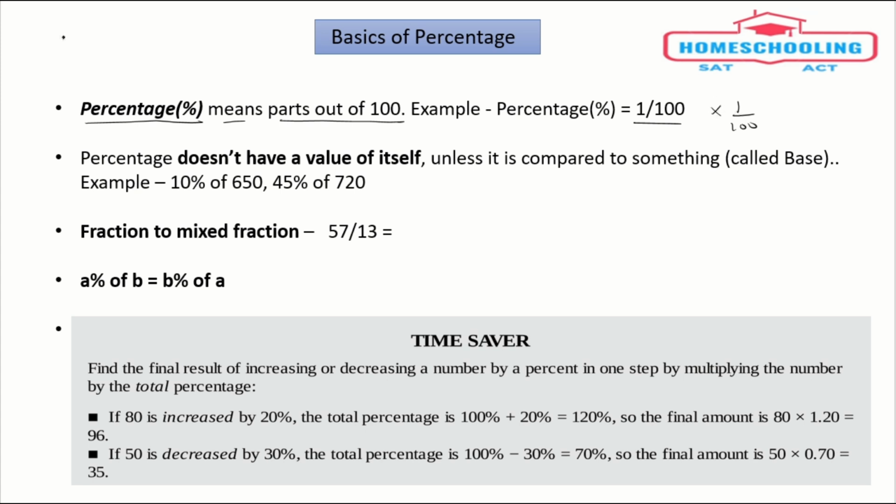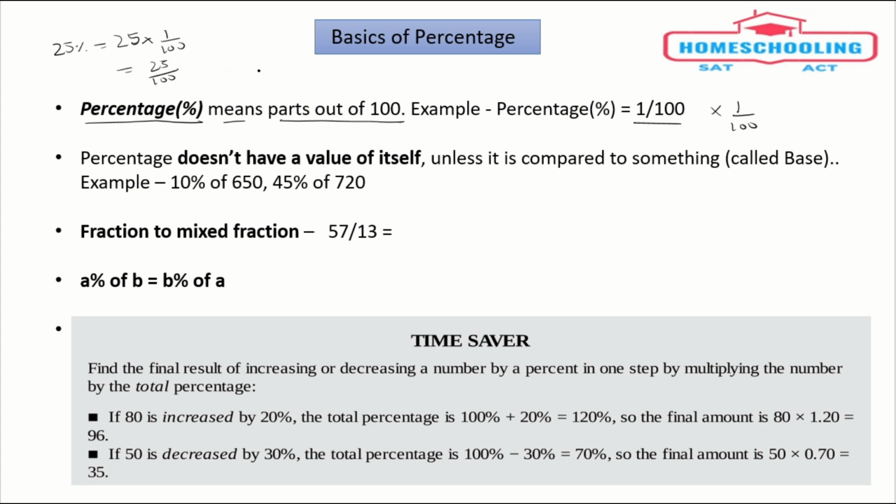See, what I'm trying to say here is if 25% is written, that is the 25th part out of 100. So what we are going to write here is 25 into 1 by 100. That would be 25 divided by 100. So 25% would be 25 parts out of 100.